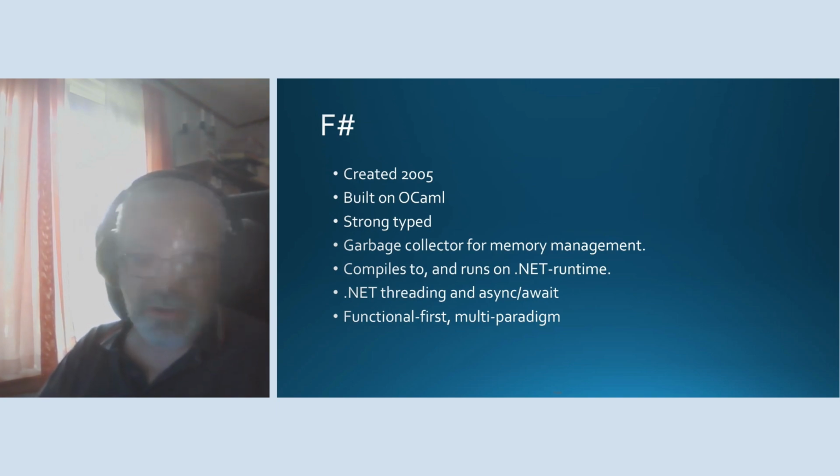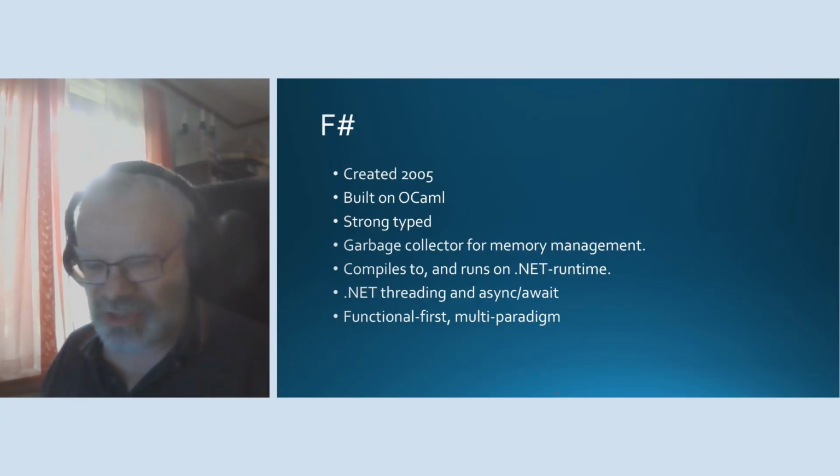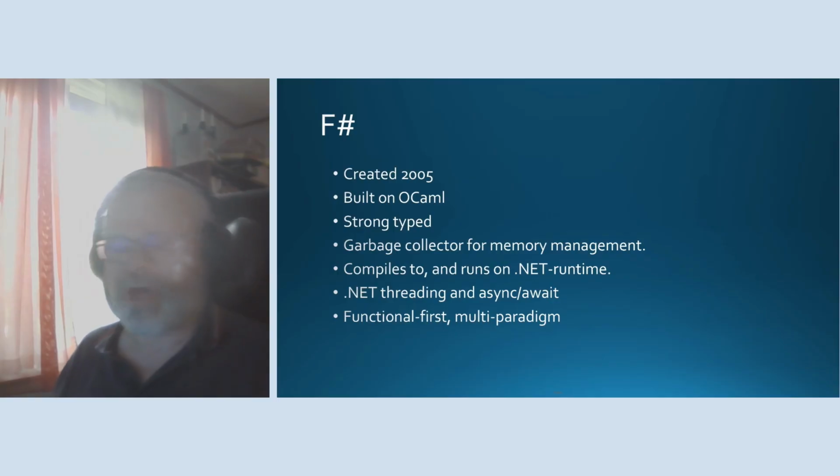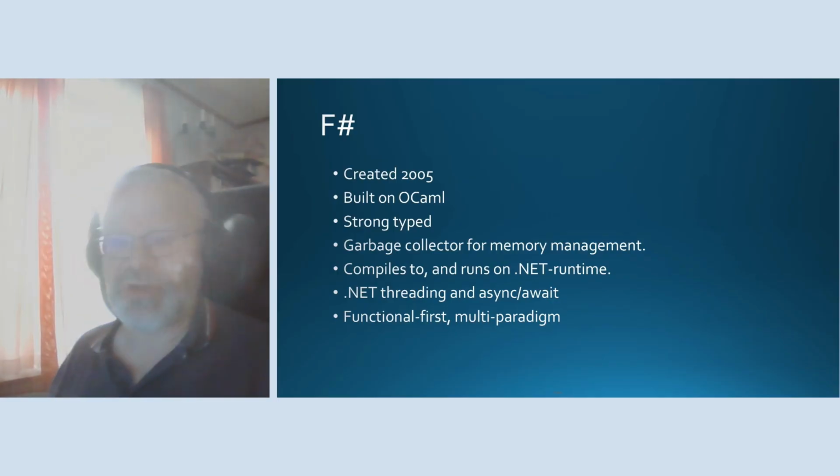And it also uses the .NET threading and async await system. F# is a functional first multi-paradigm language, meaning that we prefer to write functional code in F#, but you could write object-oriented as well if you like.